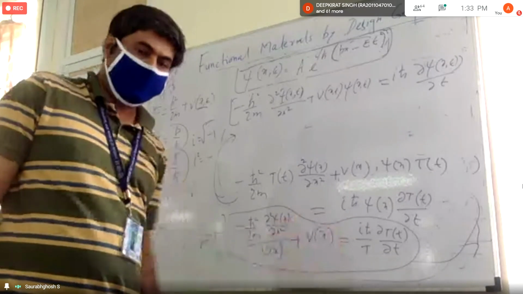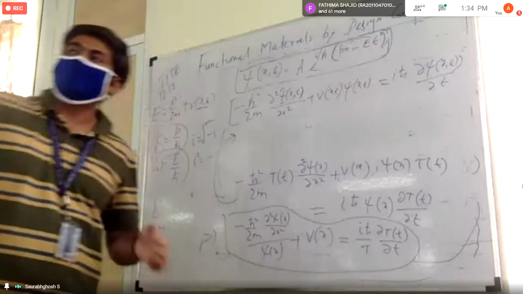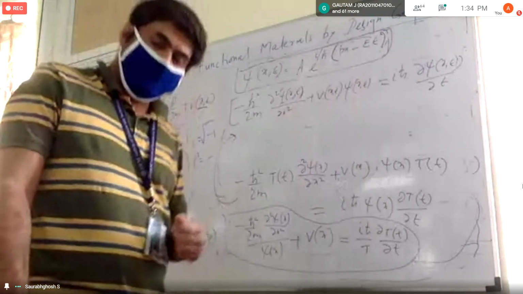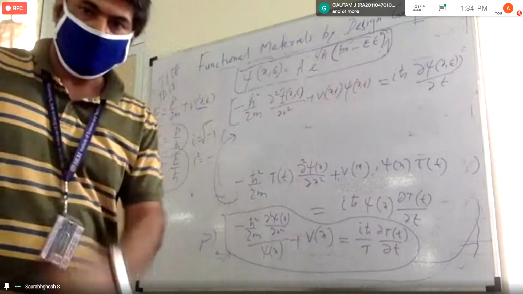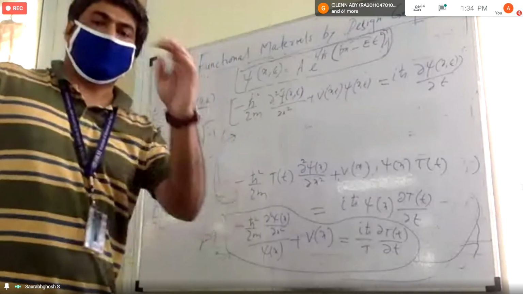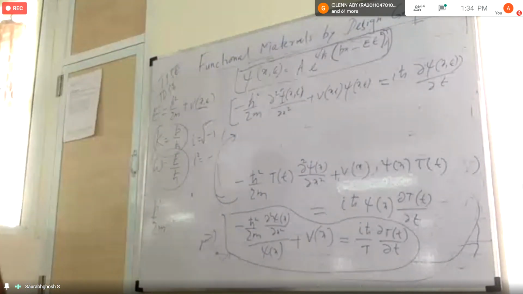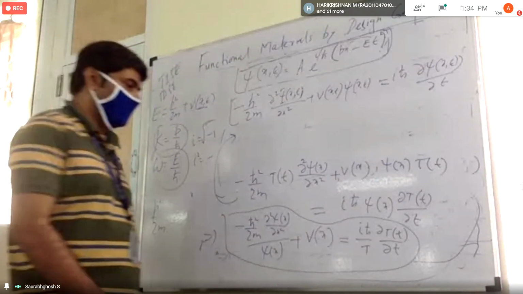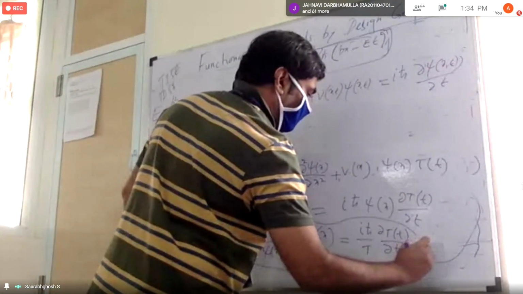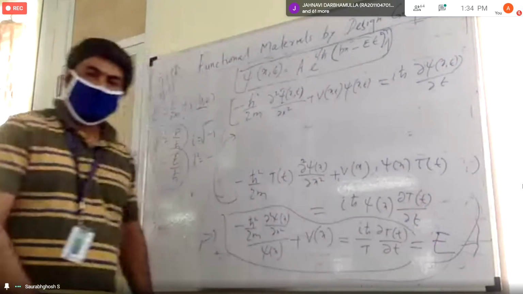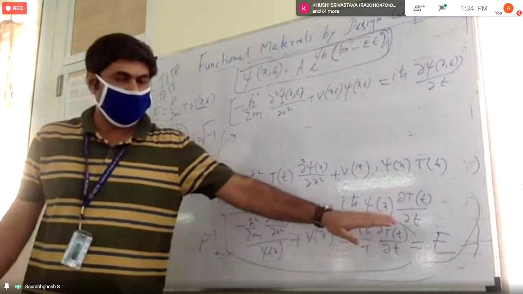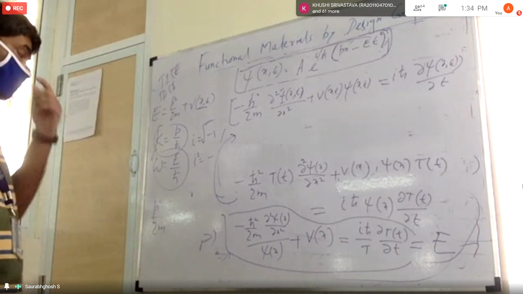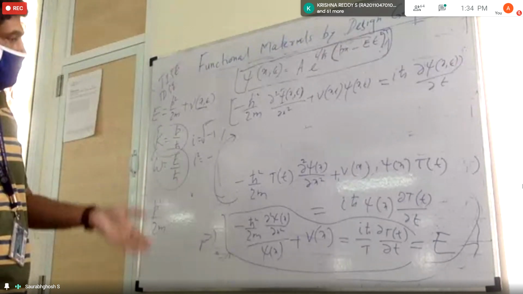Suppose x is equal to y, it can also imply that x is equal to m and y equals to m. That's why x equals to y. So this separately has to be equal to something else. The something else is nothing but energy, E. So both of these are independently equal to energy.